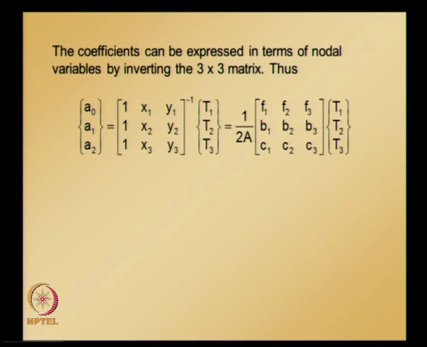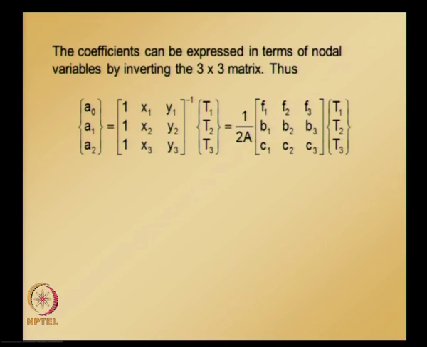In this manner, and if you notice, the inverse of the matrix with rows 1 x1 y1, 1 x2 y2, 1 x3 y3 is not possible if all the 3 nodes are lying along the same line.